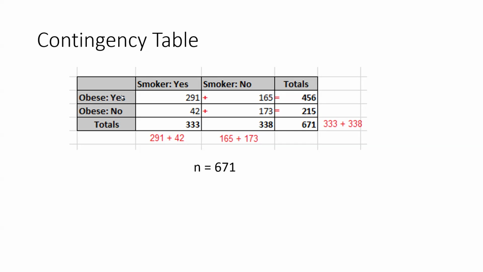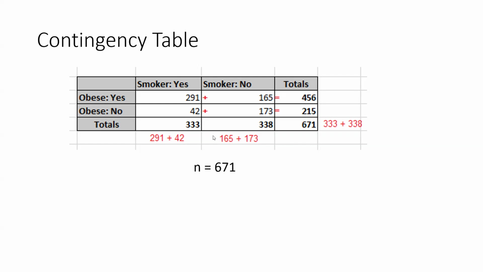So, breaking this down for column totals and row totals, 456 individuals were obese, 215 individuals were not obese, 333 individuals were smokers, and 338 individuals were non-smokers.